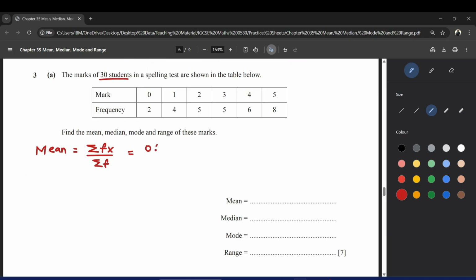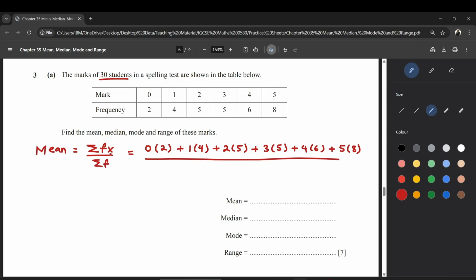So here, first we have to multiply 0 with 2 plus 1 times 4 plus 2 times 5 plus 3 times 5 plus 4 times 6 plus 5 times 8. Sigma f is going to be the total number of students, right? Which is 30, the value of n. So this becomes 1 times 4 is 4, and 2 times 5 is 10, 3 times 5 is 15, plus 24 plus 40 divided by 30.